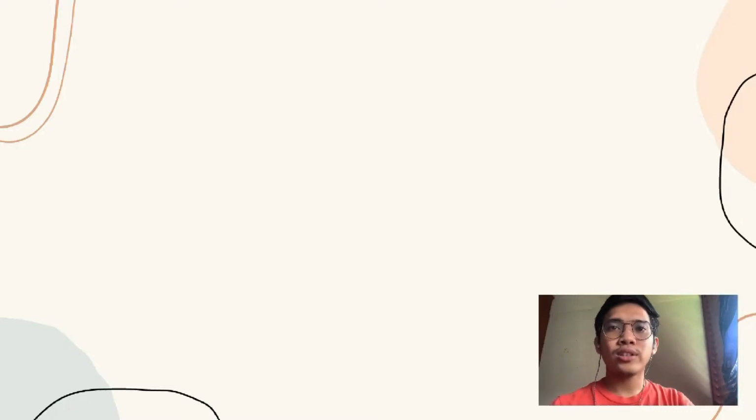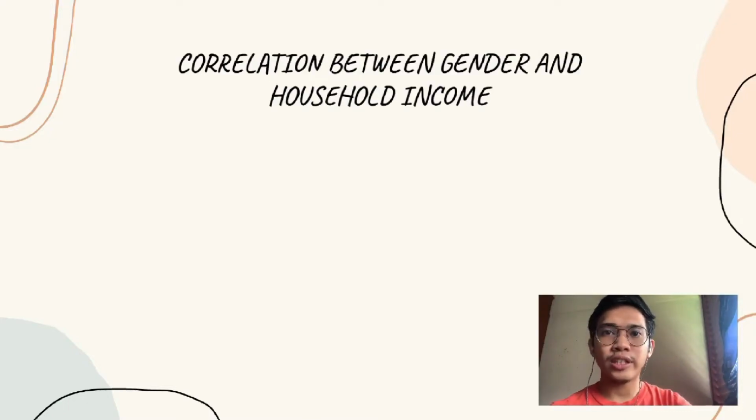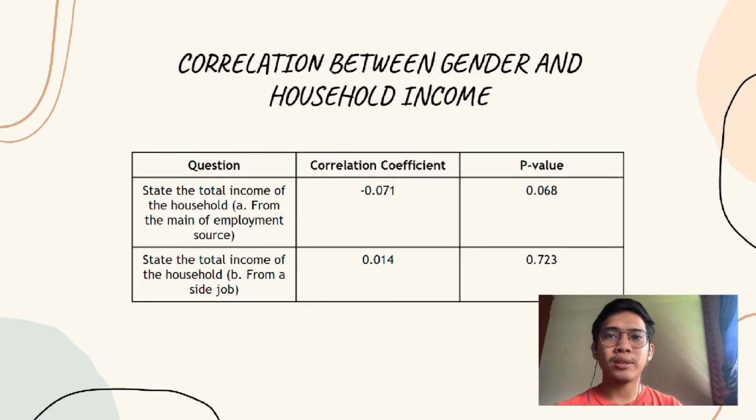For the influence of socioeconomic factors on household income, we use Pearson correlation test to find the correlation. The correlation between gender and household income for question 1, the p-value shows it was more than 0.05, indicating there is no significant difference between gender and household income from main employment.